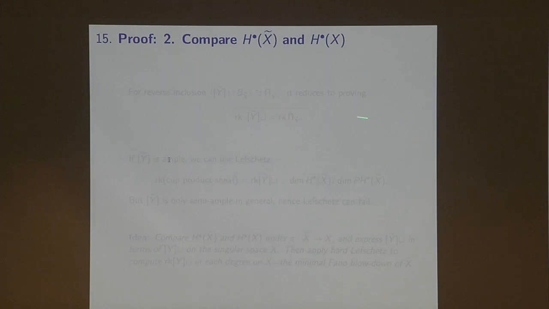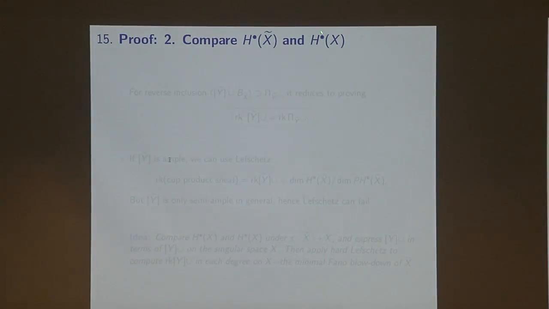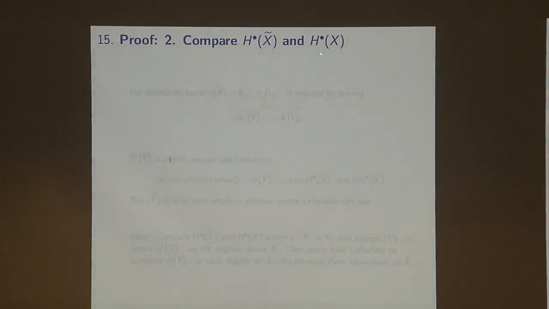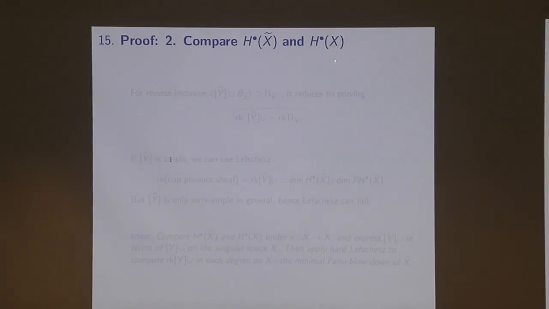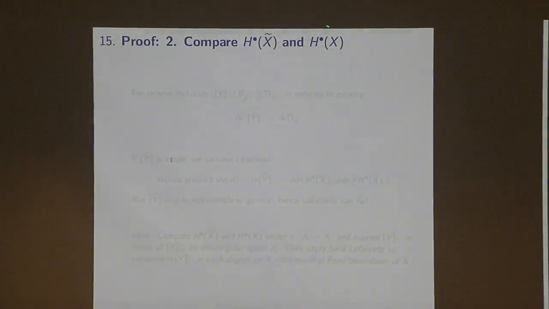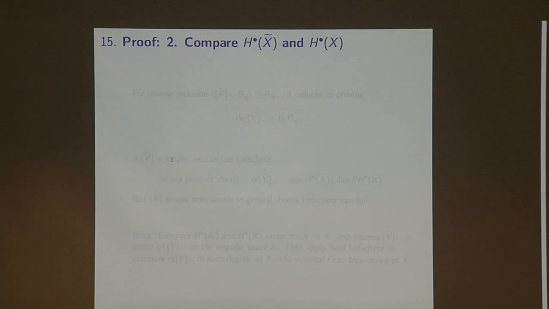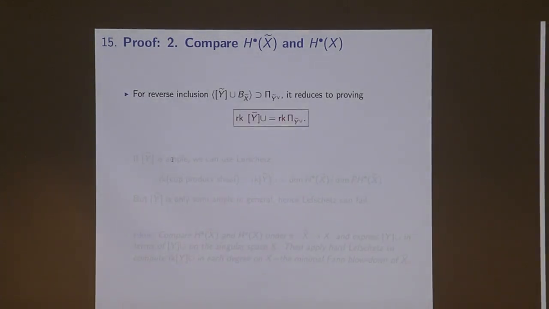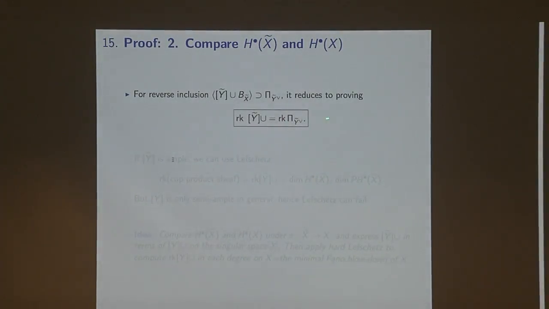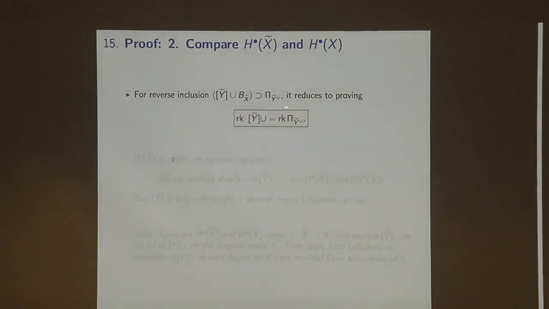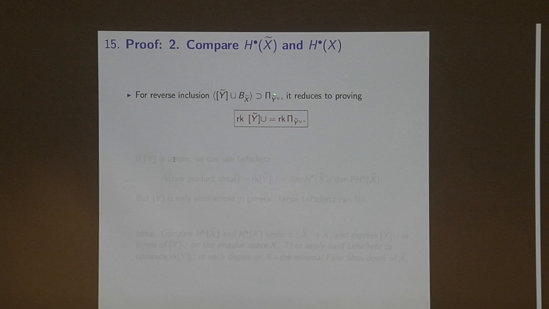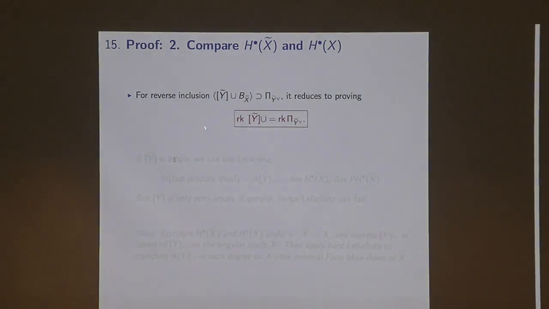So the second step is, you blow it down, and you want to be able to come back and forth, right? So you want to have some way of comparing these two spaces. After all, we're trying to prove the equality between these two sheaves. We already have one inclusion. We're interested in proving the opposite inclusion.